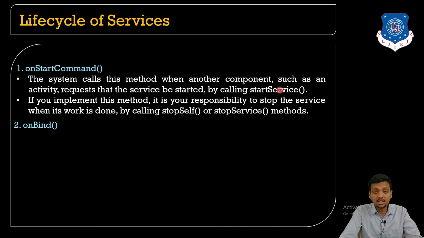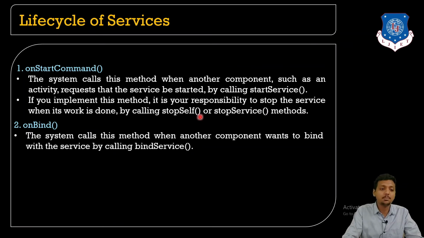If in some activity we define the start service method, then the onStartCommand method is called. If we implement this method, it is your responsibility to stop this. See, here we started the service, so it is our responsibility to stop this by calling the stop service method or stop self method.